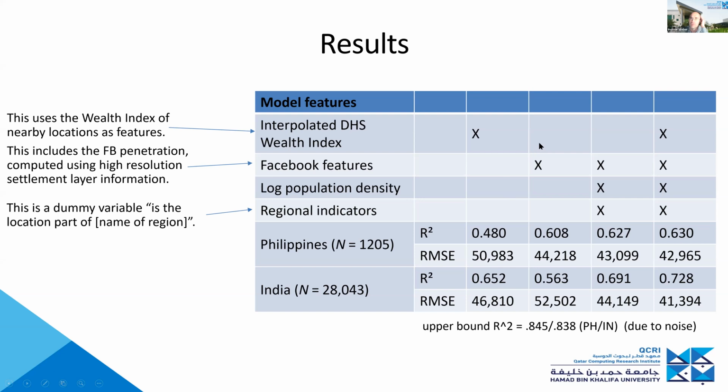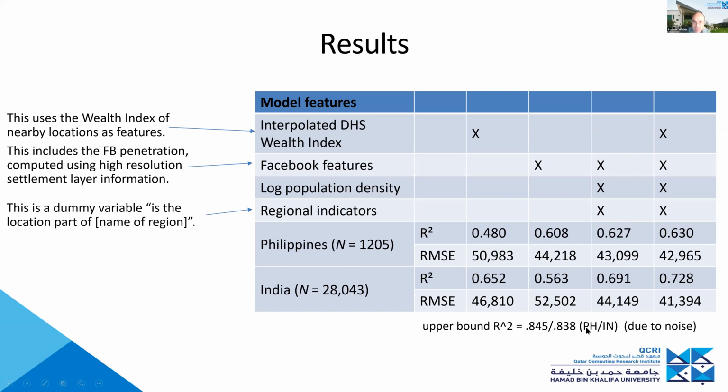If you compare this with Facebook alone, in the case of the Philippines, it improves over this baseline. In India, it actually performs slightly worse. Then, as is often the case, if you throw the kitchen sink at it and combine everything, your overall performance improves. I also want to mention that there's an upper bound, because the ground truth is quite noisy.